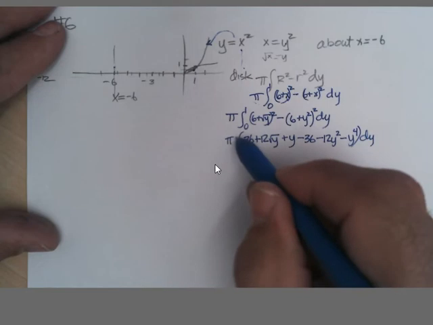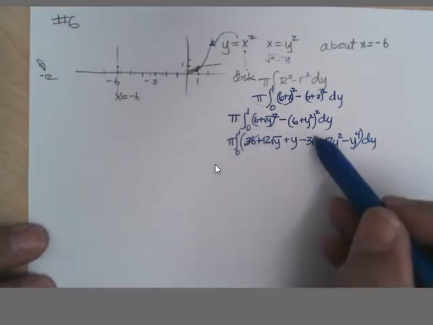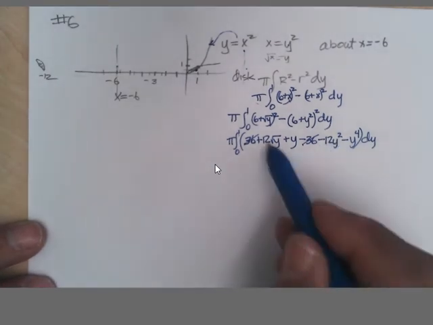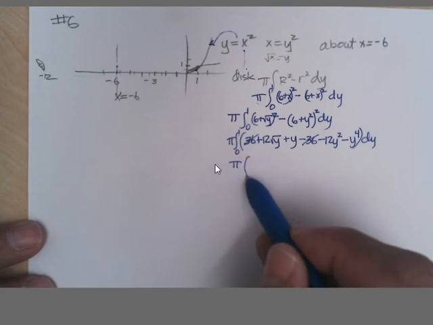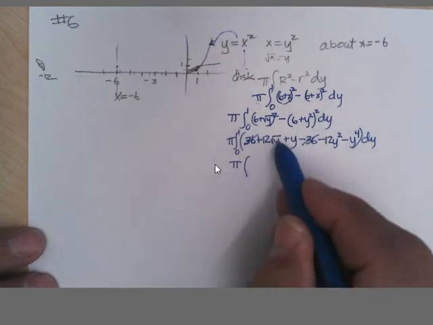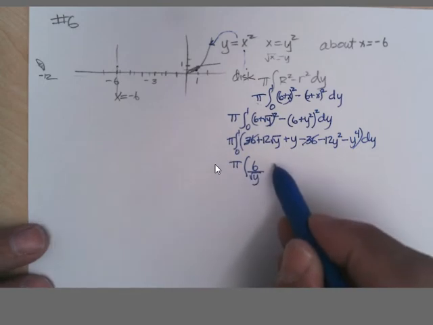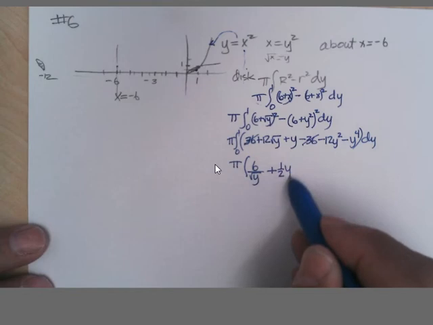And pi times the integral from 0 to 1. So 36 minus 36, that's nice. And nothing else disappears, so I'm going to have pi times the antiderivative of this. It's going to be 1 over 2 square root of y times 12, so it's going to be 6 over the square root of y, plus, this will be 1/2 y squared.